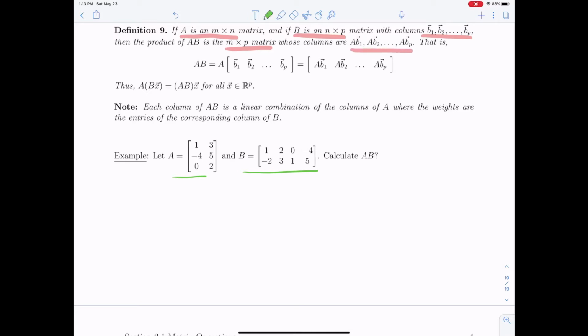To be able to multiply two matrices, we need to match their sizes: A is m by n and B is n by p, so the number of columns of A has to be the same as the number of rows of B. Then the result becomes m by p.